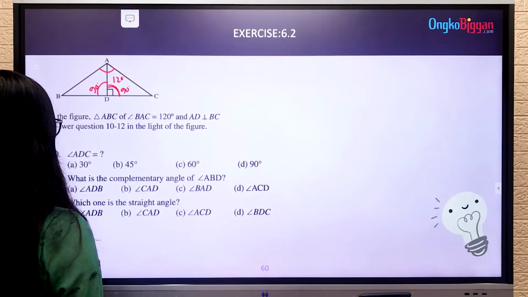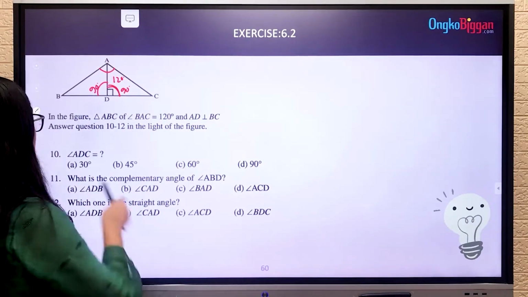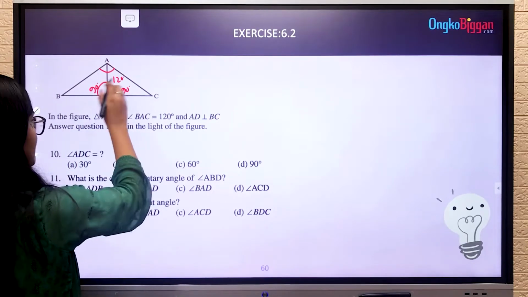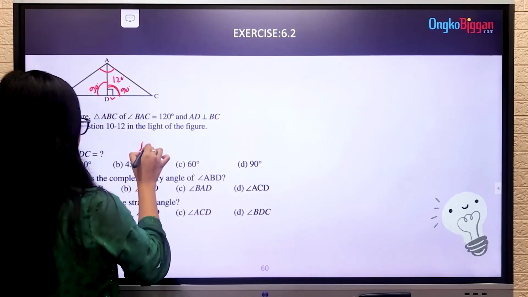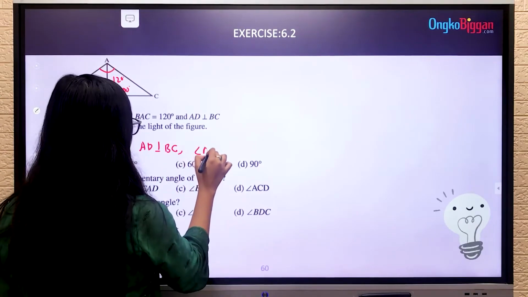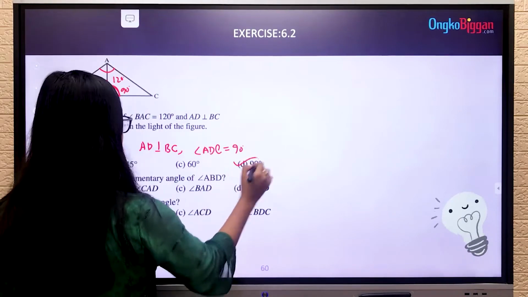We have to find angle ADC. AD is perpendicular to BC, it's given. Therefore, angle ADC will obviously be 90 degrees. So our answer will be D.